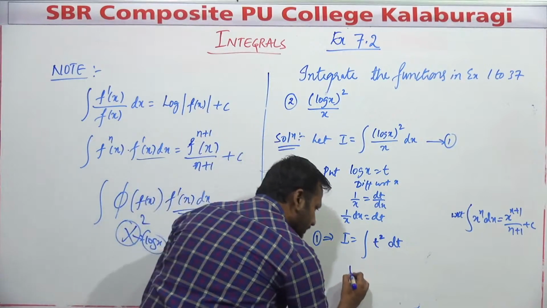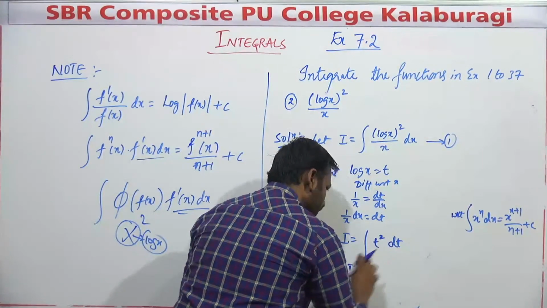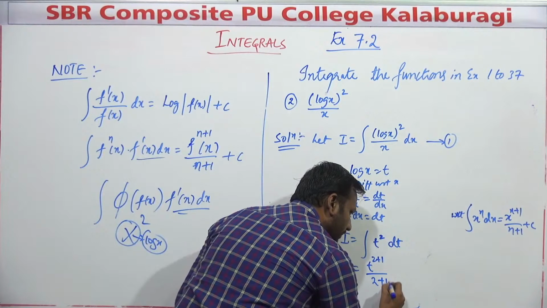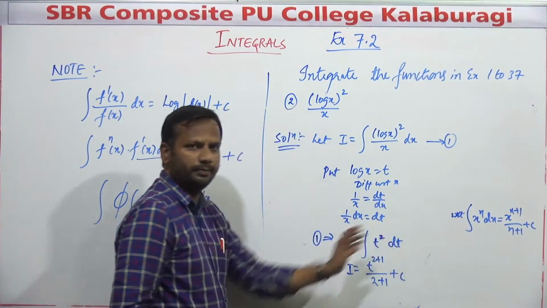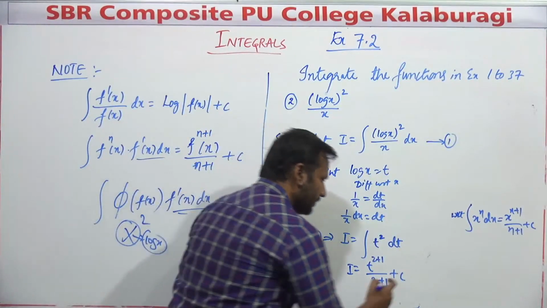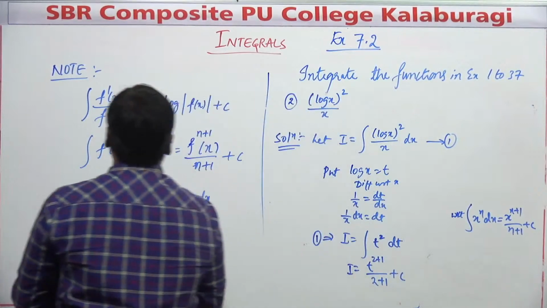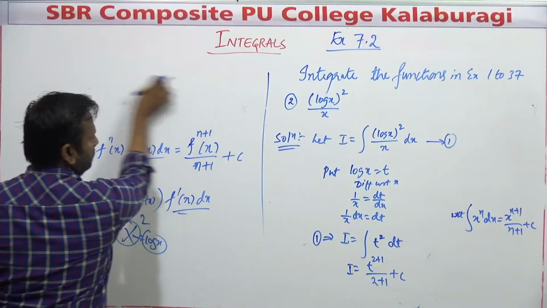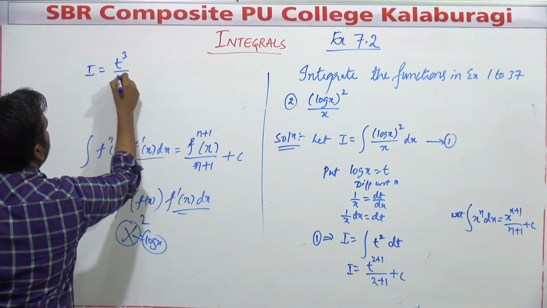So it will be t to the power 2 plus 1 divided by 2 plus 1 plus c. Let me write here: I equals t cube divided by 3 plus c.